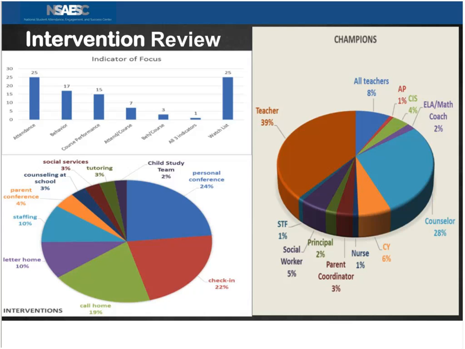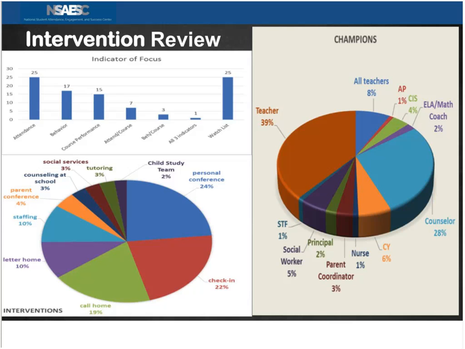So this was very eye-opening to share with them who was doing what. Because think about it, when you're at a meeting and you're assigning interventions and you're assigning champions, it doesn't always come through who the people are that are doing the majority of the work. And so this was a way for them to look at it, talk about it, and discuss it.